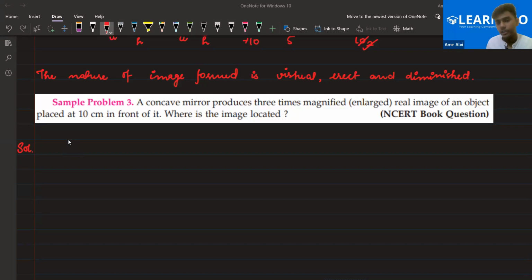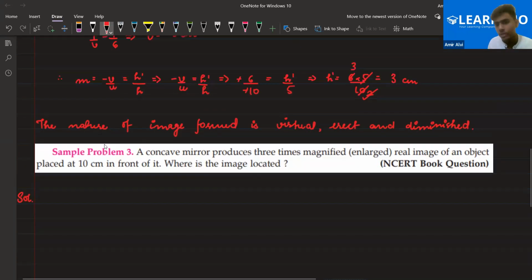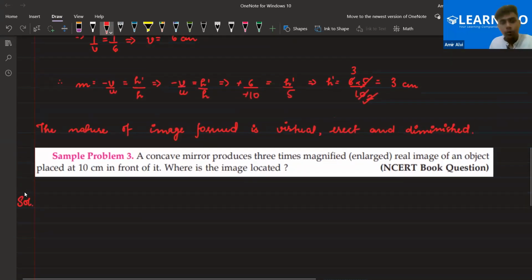Look, the question is saying a concave mirror produces a 3 times magnified real image. So magnification is given in this question, that is m. As it is a real image, it would be -3, because a real image means an inverted image. So the magnification would be -3. An object is placed in front of it. Object distance is given as -10.